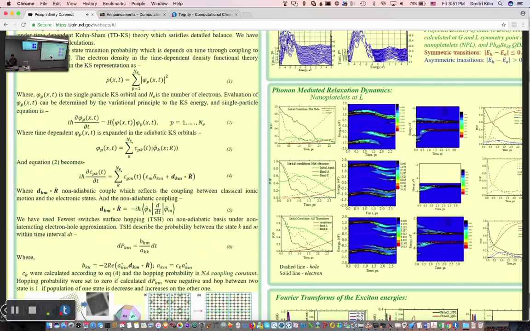I have a provocative question. At your equation 5, very good equation, your left side and right side are matrix element times momentum on the left and only the matrix element on the right. So what is D sub K m?